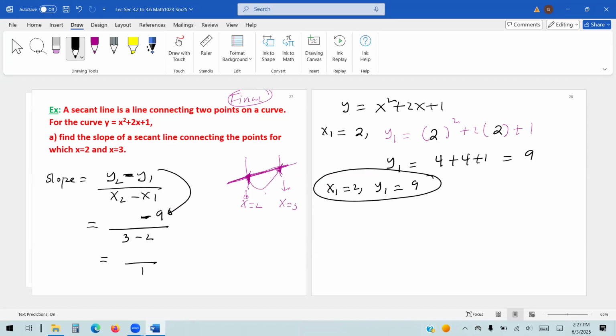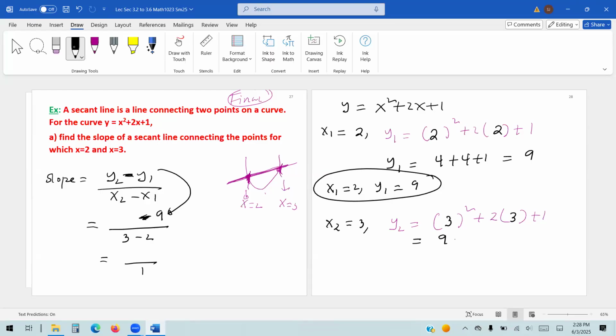Minus, from the formula, and our y1 is 9. The only thing we need now is y2. They gave us our x2 is 3. So our y2 is 3 squared plus 2 times 3 plus 1. 16?